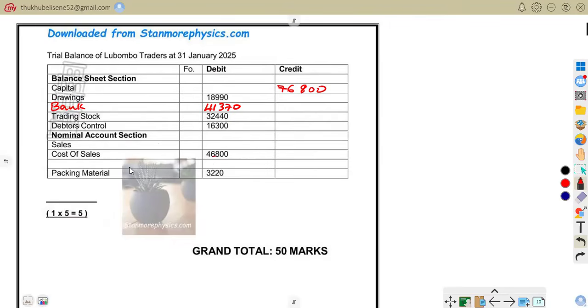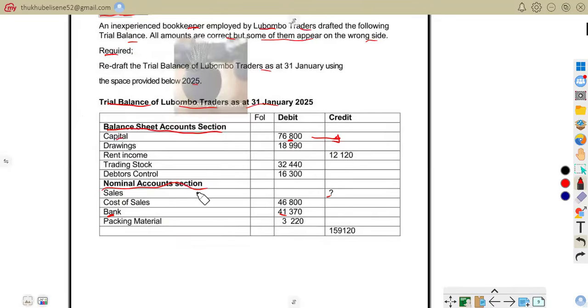What is missing there is rent income, of how much? Rent income has a credit balance of 12,120. One would want to see where we get it. This is 12,120.